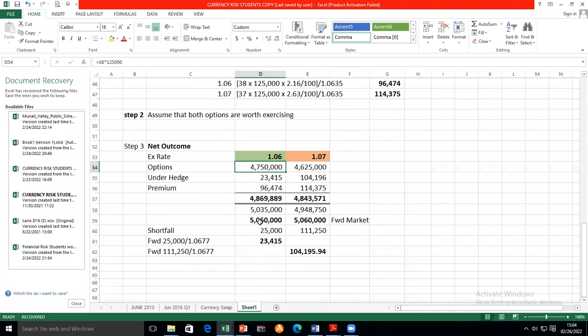So here's what we are doing, Gilbert. We are saying if you hedge at 1.06, if that's your rate, this will cost you that. If you choose that exercise price, that's what this will cost you.